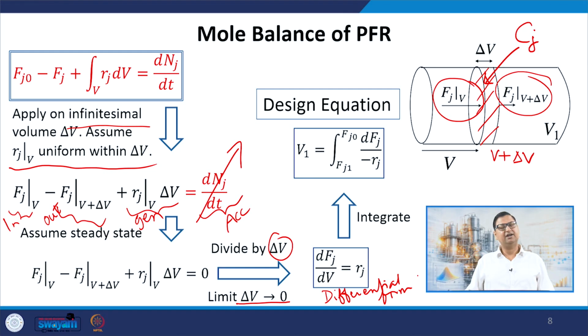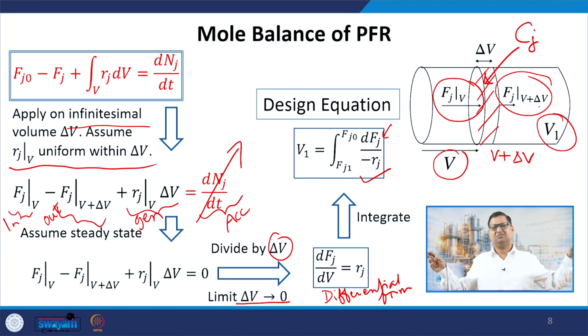And just like what I did for the batch reactor, I can again integrate that, and if I integrate that, then I am going to get an expression for the volume as opposed to time for the batch reactor. Now we have the volume for the PFR, right. Keep in mind that since volume is used as a variable when I did the mole balance, we define the total volume here as some V1, right.